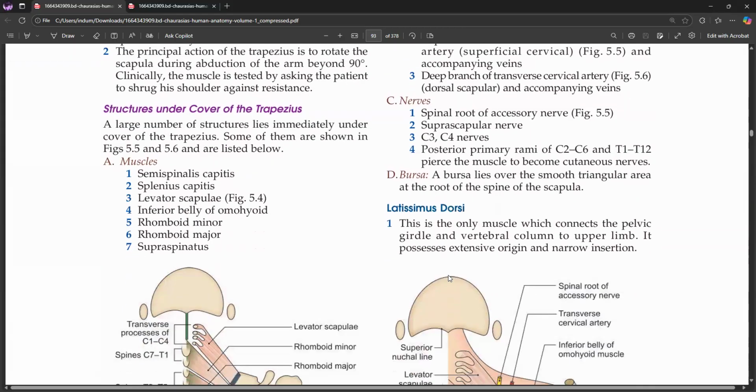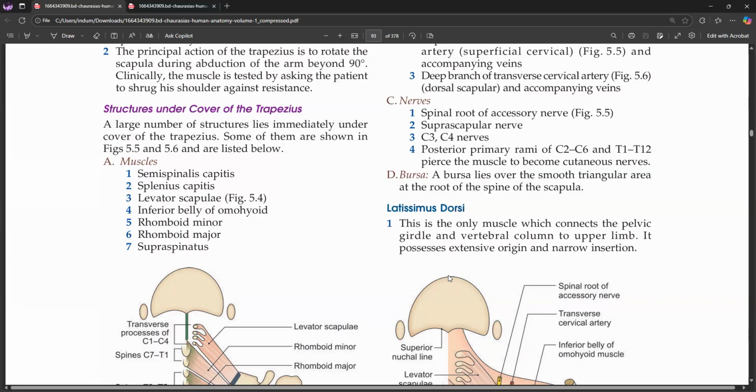Spinal root of accessory nerve, figure 5.5, suprascapular nerve, C3, C4 nerves, posterior primary rami of C2 to C6 and T1 to T12 pierce the muscle to become cutaneous nerves. D. Bursa. A bursa lies over the smooth triangular area at the root of the spine of the scapula.